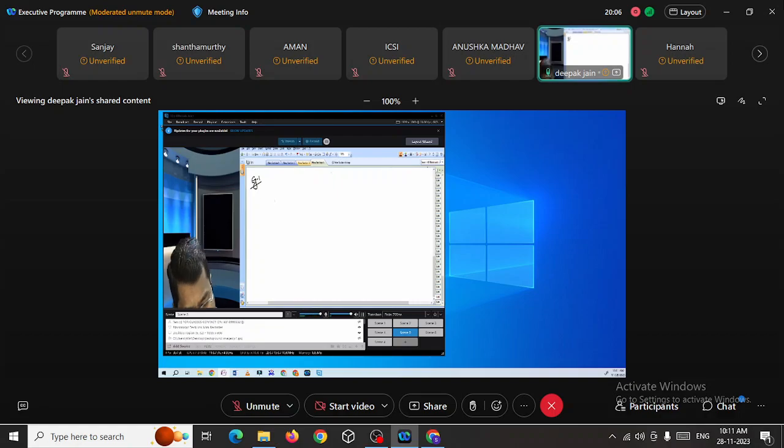Now let us understand with the help of an example. Example 1. Let us say purchase price of asset is rupee 1 lakh. 60,000 paid through account pay check. 40,000 paid through cash.